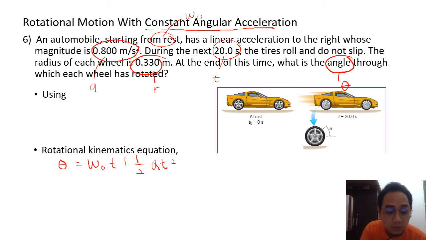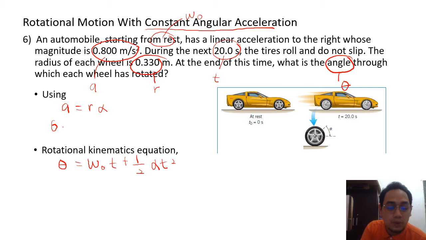Okay, so we have the value of omega, we have the value of time, but we don't have the value of alpha, but we can find the value of alpha. So how? We are going to use the relationship between linear acceleration and angular acceleration, which is a equal to r alpha. Okay, so substitute the value into this formula.